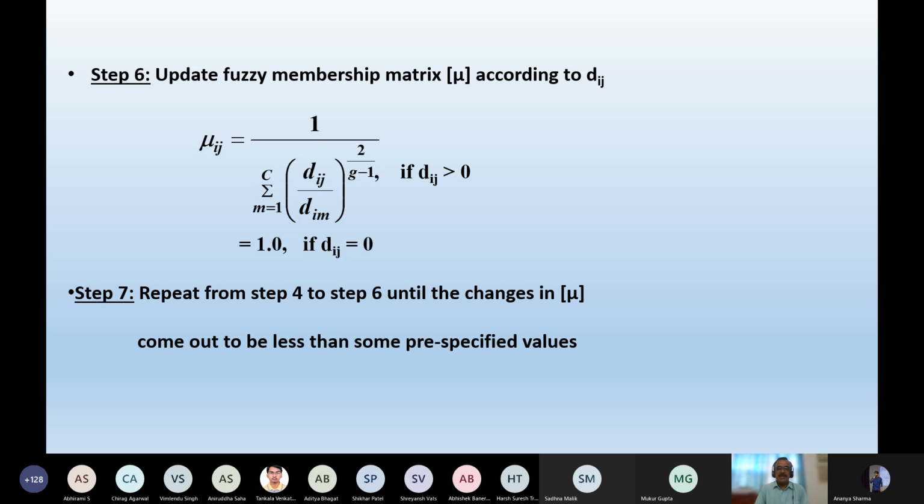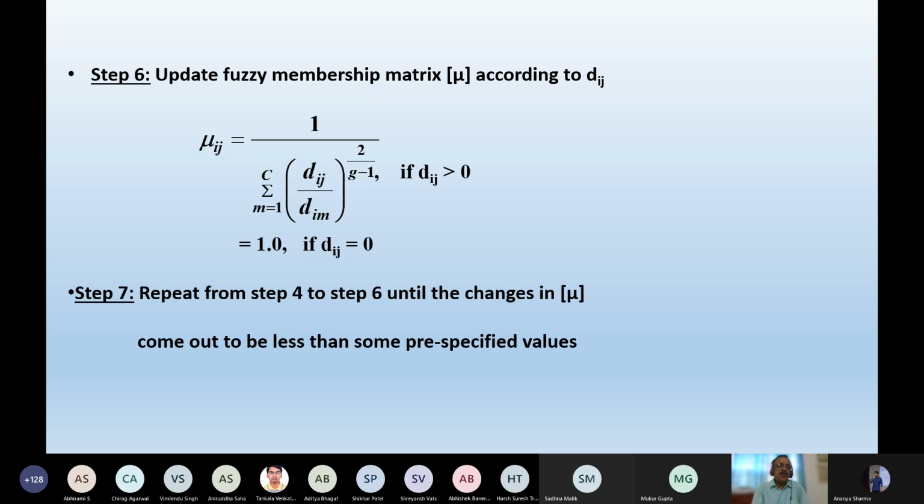Then after a few iterations, you will find that there is no significant change in the value of mu. The moment this change in mu becomes less than or equal to that pre-specified small value, we stop. And whatever information we are getting in terms of membership, we use to form the clusters.